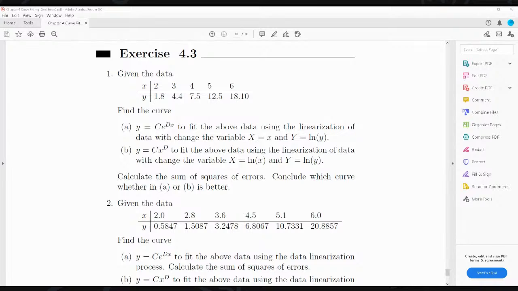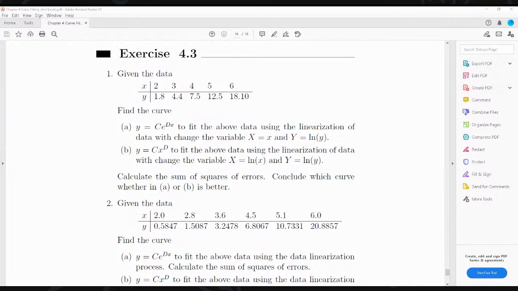All right, so you can see here, you are given x0, x1, x2, x3, x4, meaning that the summation from i equal to 0 up to 4 is 5. So you need to change y equals c exponent dx into the linear form y equal to a plus bx. And then you calculate the squared error.